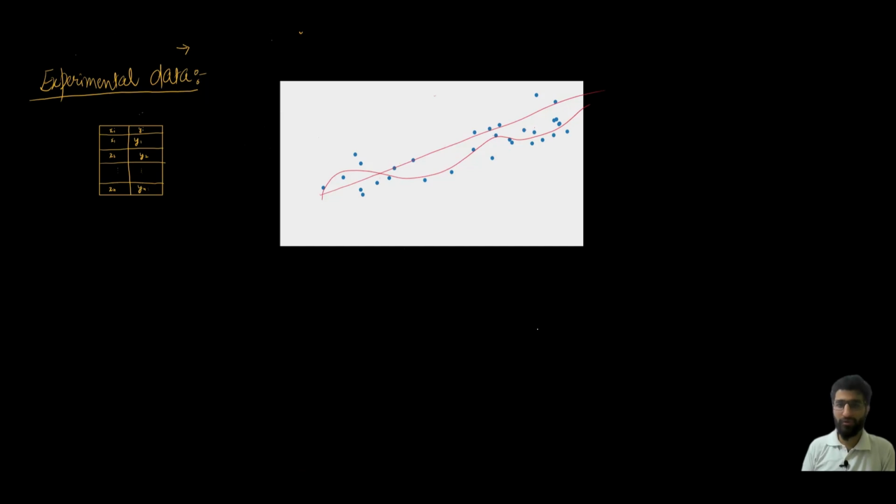How can you compare these two things? This is what we will do with the curve fitting technique. There are infinite possible ways to fit a curve, but how do we choose the curve which is doing optimally, with less error, and how do you obtain the parameters of that curve uniquely?